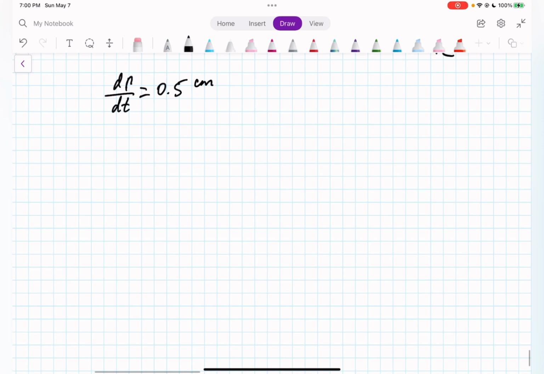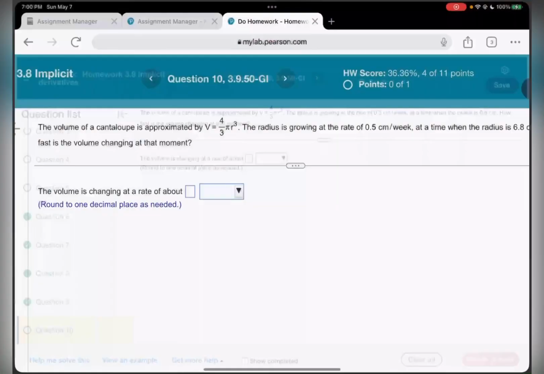The radius is growing at 0.5 centimeter per week, so dr/dt is positive 0.5.